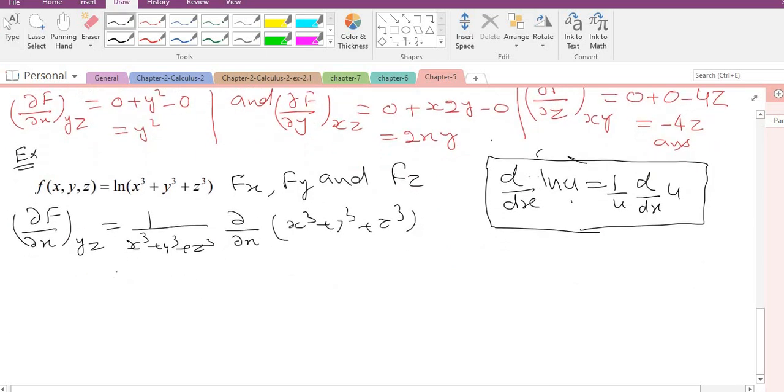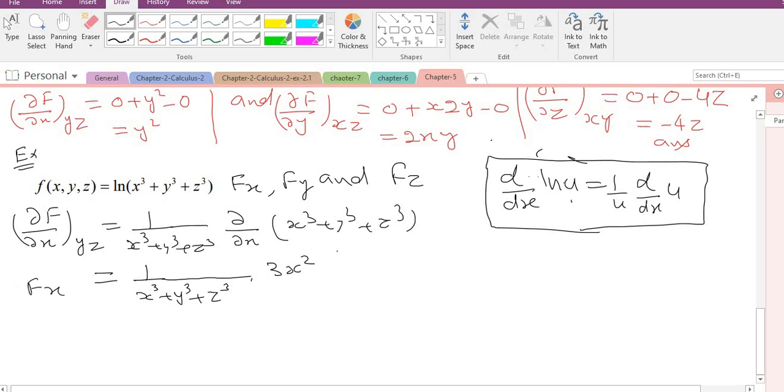So now just write that 1 divided by x power 3 plus y power 3 plus z power 3 into del x of x power 3, which means 3x square. This is your f of x.